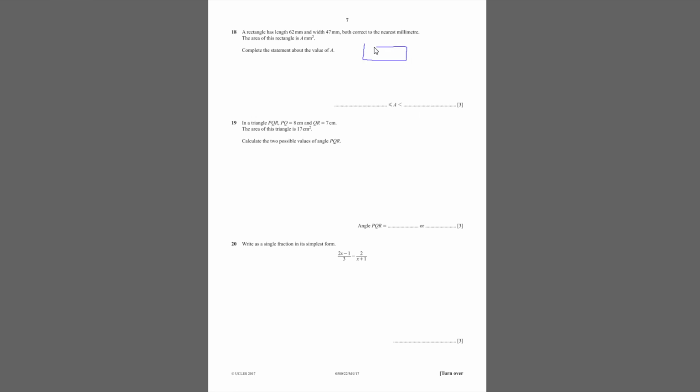So first we have a rectangle with 62 and 47 as the length of its sides. In mathematics, the equation for area is width times length, in the case of a square or a rectangle.